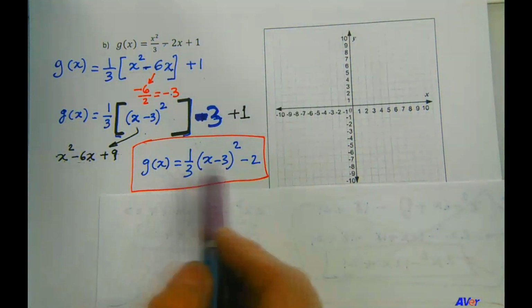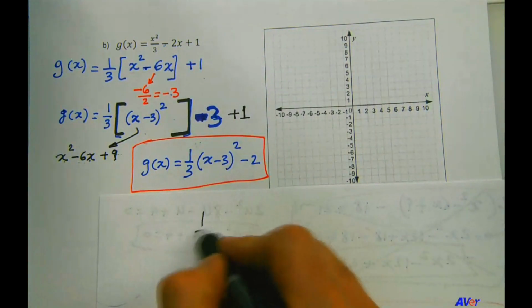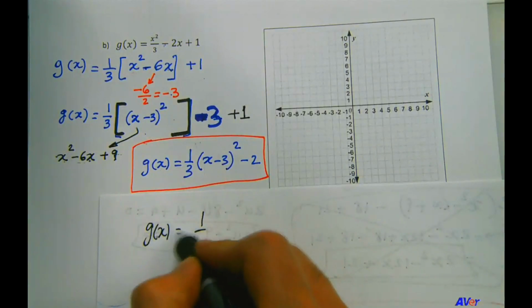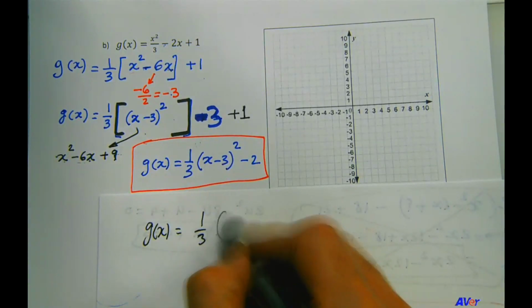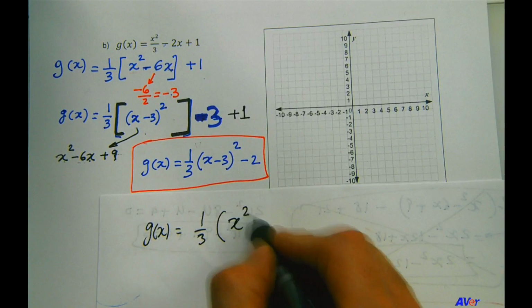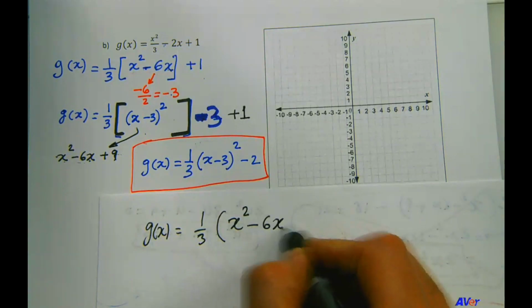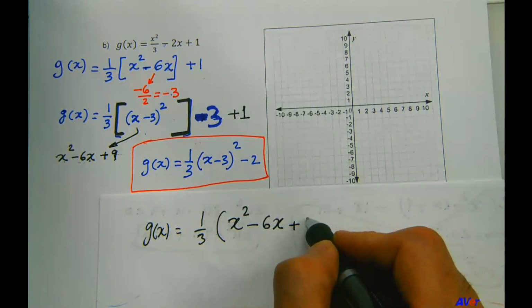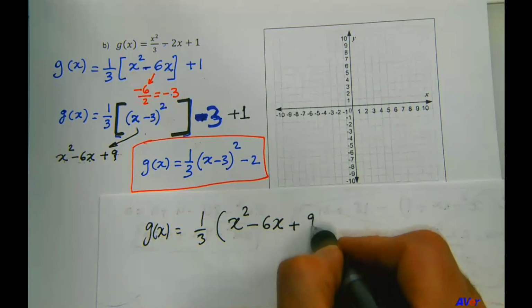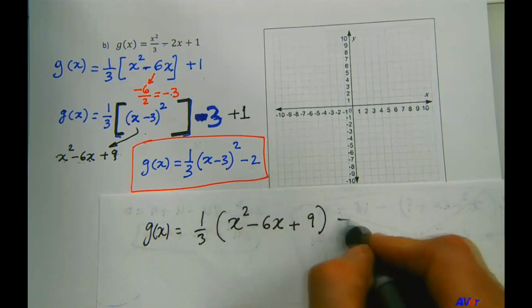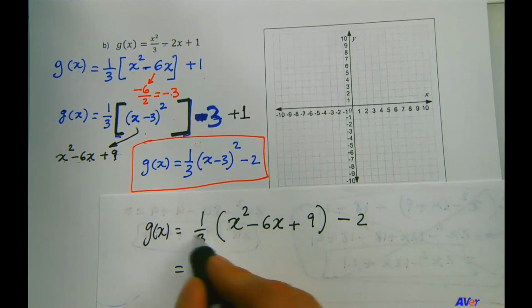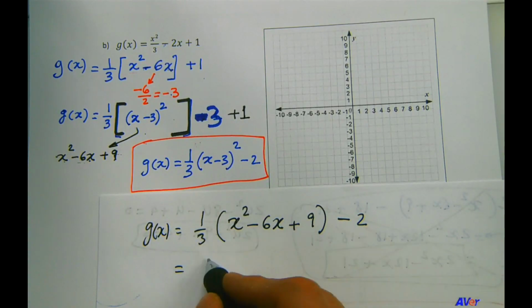Okay, let's expand this. So we have g of x equals 1/3 times x squared minus 6x plus 9, and then minus 2 is out here. So let's distribute the 1/3 into all of this.